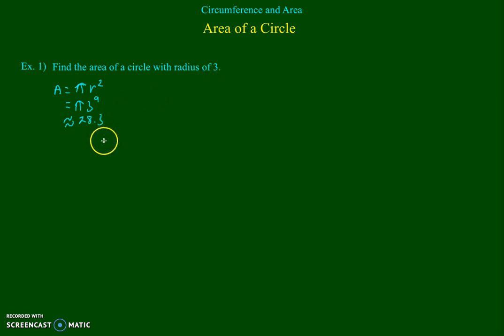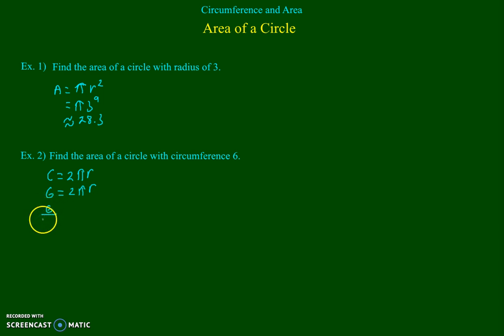Let's work another one. So here we want to find the area of a circle with a circumference of 6. So we don't have the radius. We're going to have to use the circumference to find the radius. So we know that circumference is 2 pi r, and since 6 equals 2 pi r, that means our radius is going to be equal to 6 divided by 2 pi.